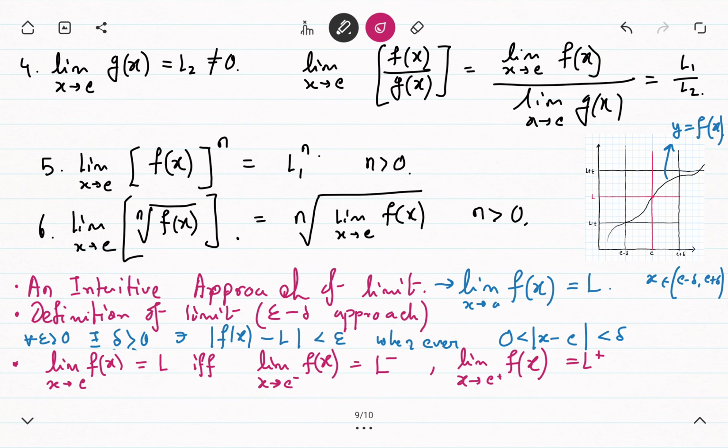Both have to be satisfied. I mean the equal sign will be there definitely, which equals L.